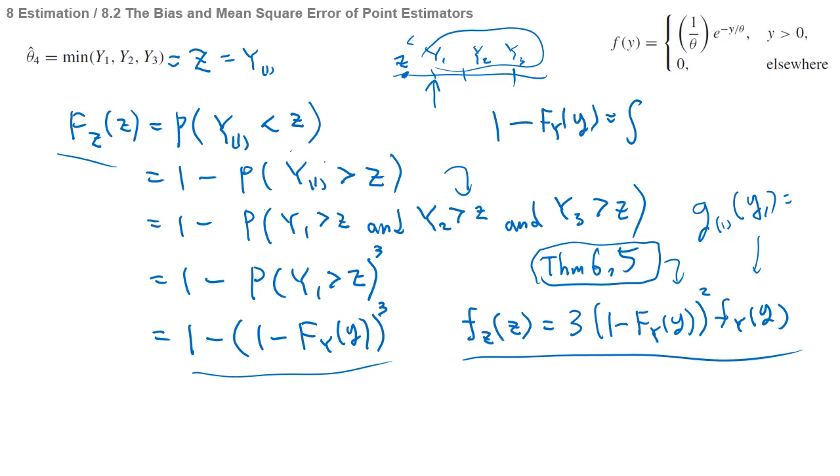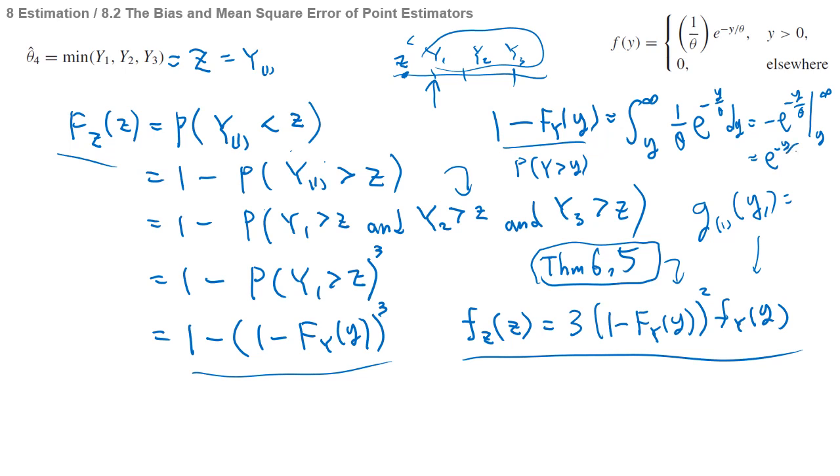So this is the integral from y to infinity, because this is the probability that Y is greater than small y, of (1/theta) e to the minus y over theta dy, and this is minus e to the minus y over theta from y to infinity, which is e to the minus y over theta.